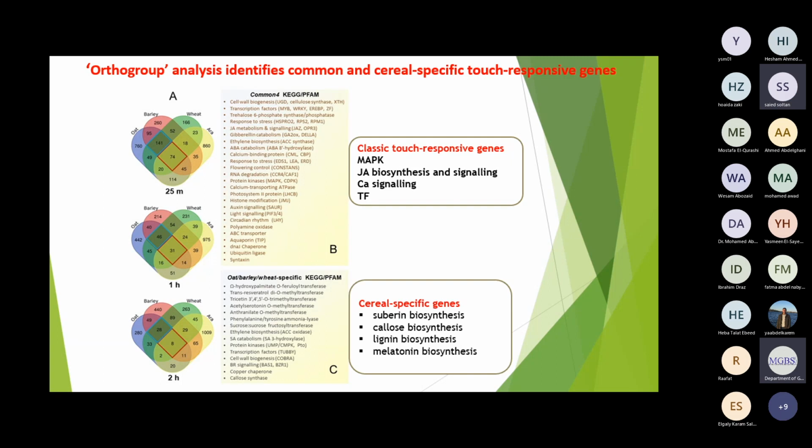But we can still identify new components only found in cereal, considered cereal-specific genes, like isoprene biosynthesis, callose biosynthesis, lignin biosynthesis, and melatonin biosynthesis. So these are unique to cereals and not found in Arabidopsis.